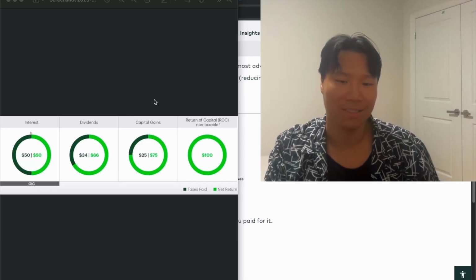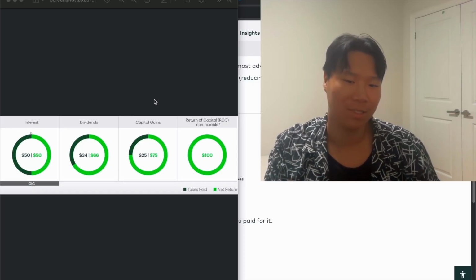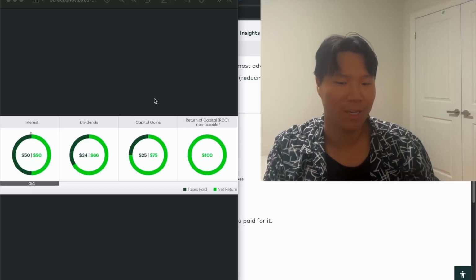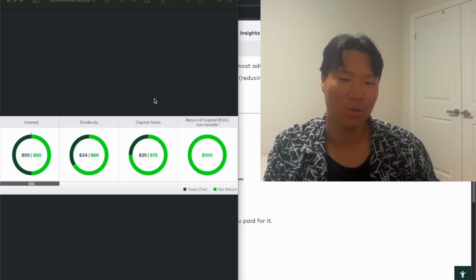So that's not that bad. And in terms of tracking your adjusted cost basis, you can do it manually if you want, but it might get confusing. And so all stockbrokers would do this for you. They usually do it like once a year in maybe April or something after taxes are done and reported.